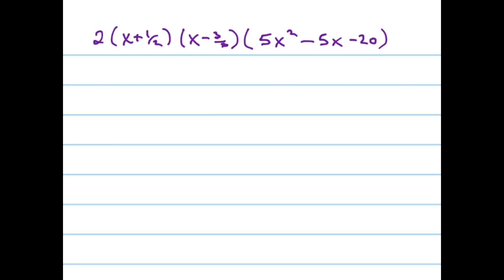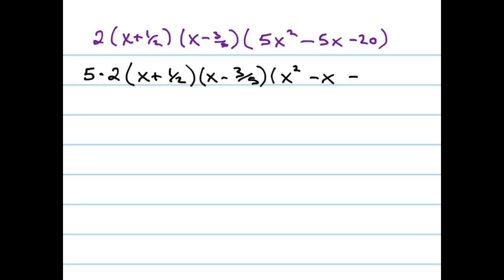And you see that you can factor a 5 out of that quadratic. So we've got a 5 times a 2 at the front. Leaving us with x squared minus x minus 4. Now we should be able to look at that quadratic and determine whether or not we can factor it. Are there factors of -4 that add up to -1?